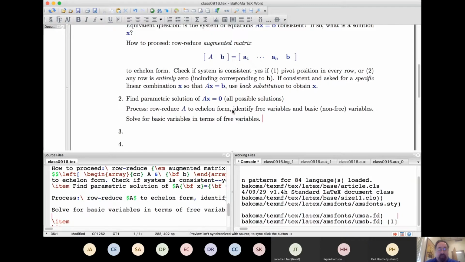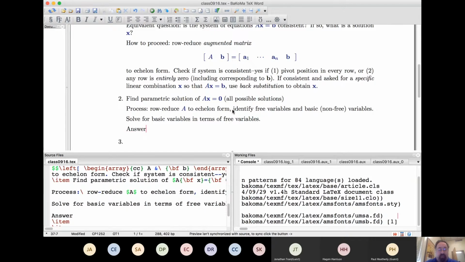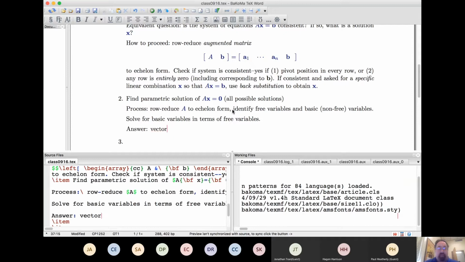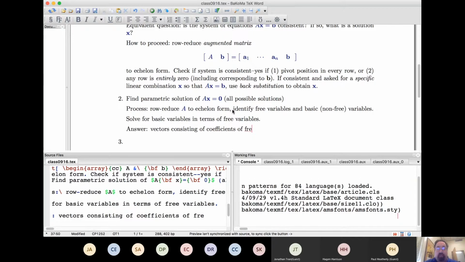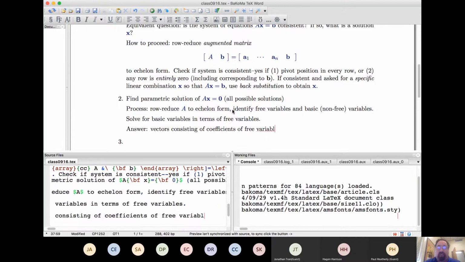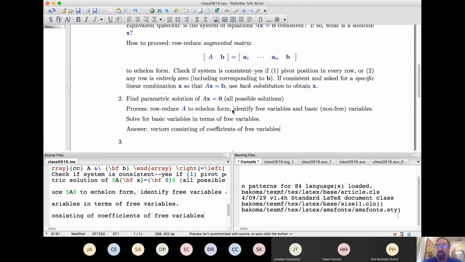So once you've done that, then the answer that you would actually have to enter in MyLab would be vectors consisting of coefficients of your free variables. So for example, if you have 2 free variables, x3 and x4, then all of your unknowns can be expressed in terms of those 2.